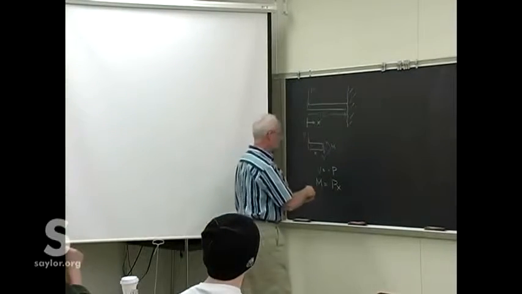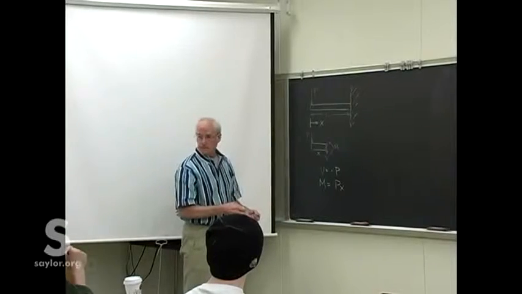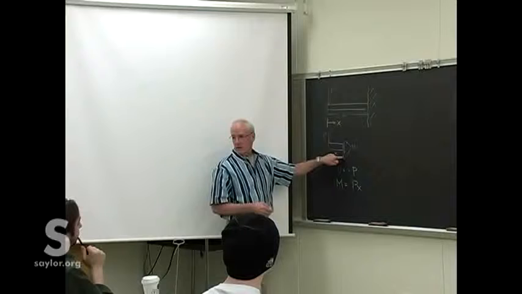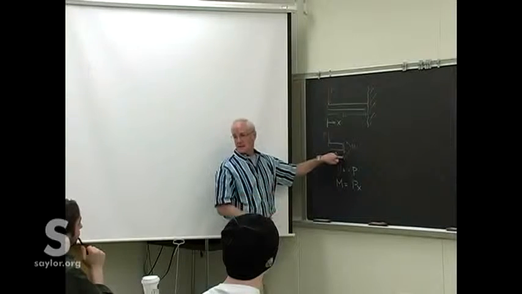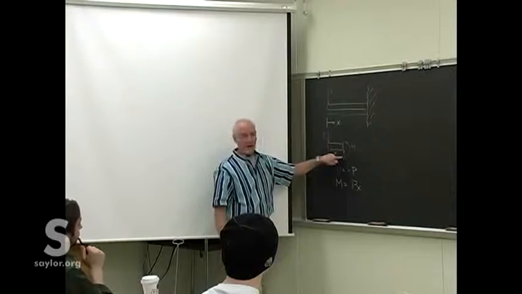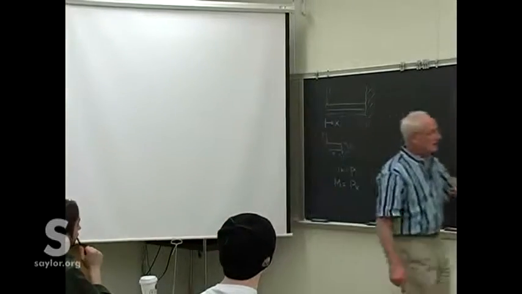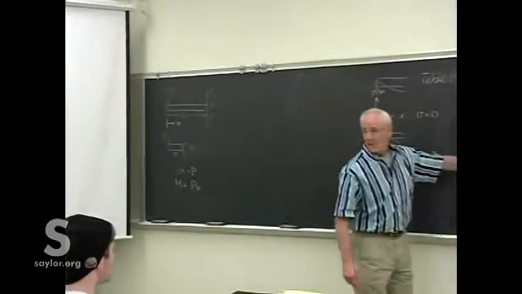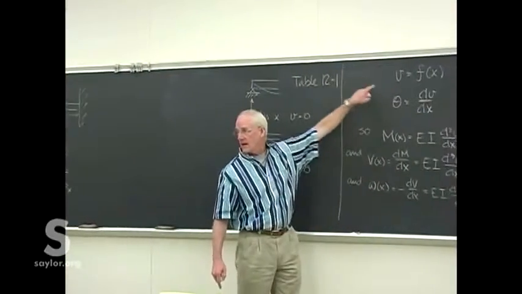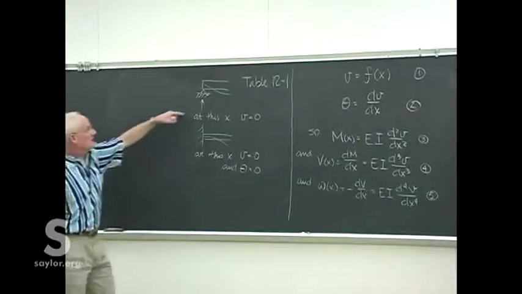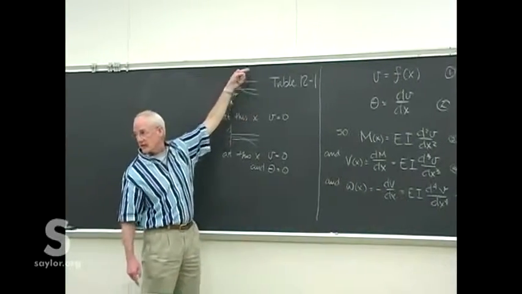Why do they put them both in the same direction? This is our convention for positive V. That way we get V equals with the proper negative sign, because we're going to need that. We're going to need to carry that minus sign all the way through, because it's going to give us the proper direction of the deflection at the end.